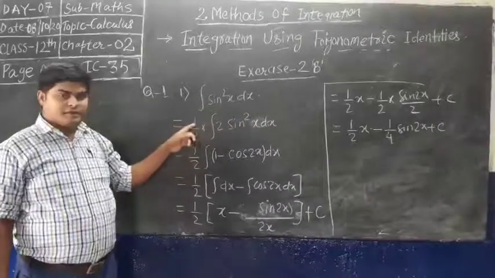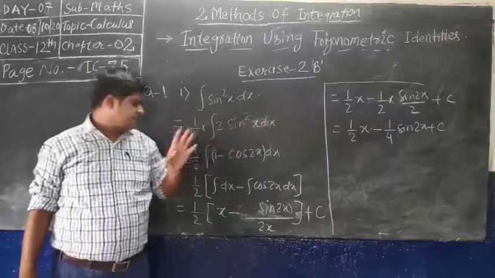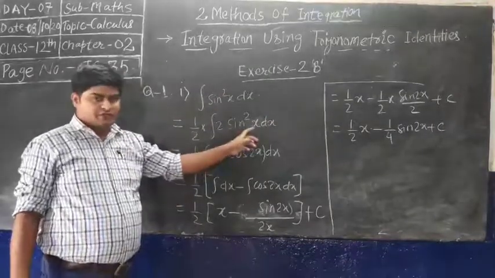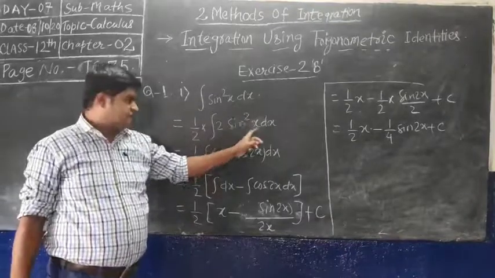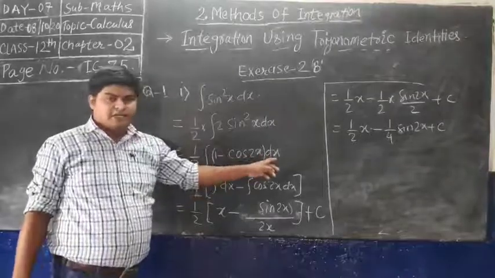So you will write 1 by 2 into 2 sin square x dx, and apply the first formula: 2 sin square x is equal to 1 minus cos 2x dx.